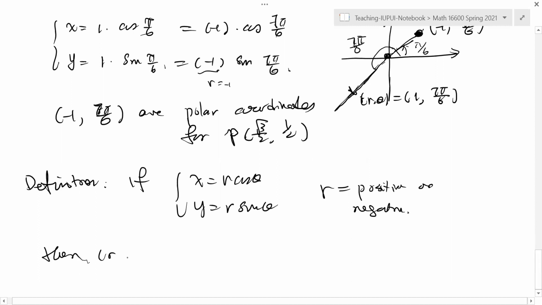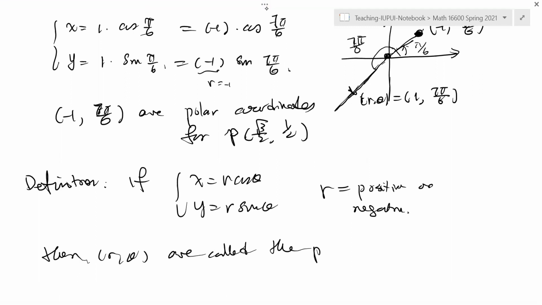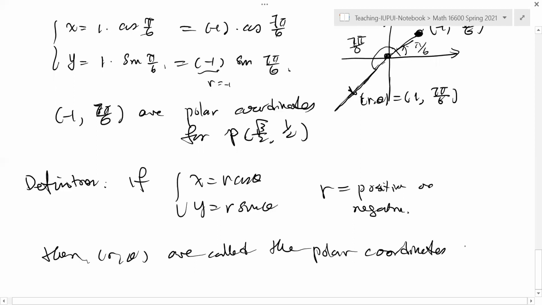Then R, theta is called the polar coordinate of the point P. What are the coordinates X and Y? So that's a definition.